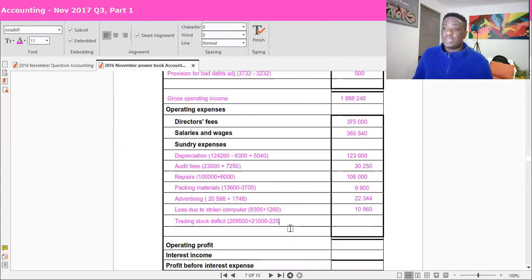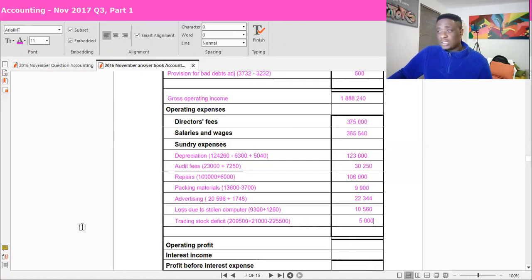Then we simply subtract the stock that is still on hand, 225,500, and that gives us a balance of 5,000 for trading stock deficit.